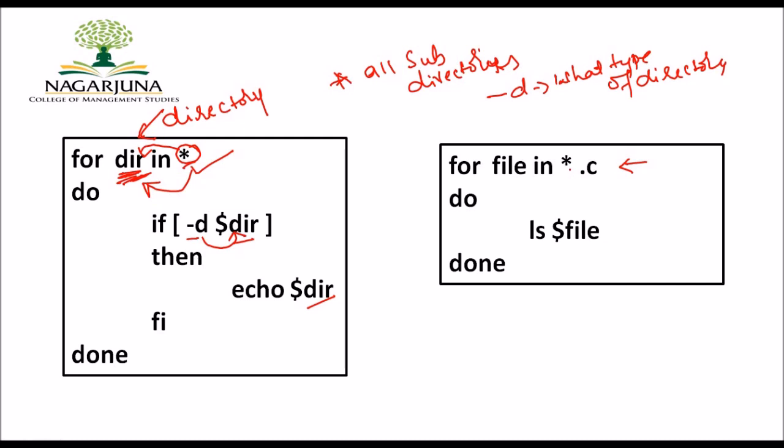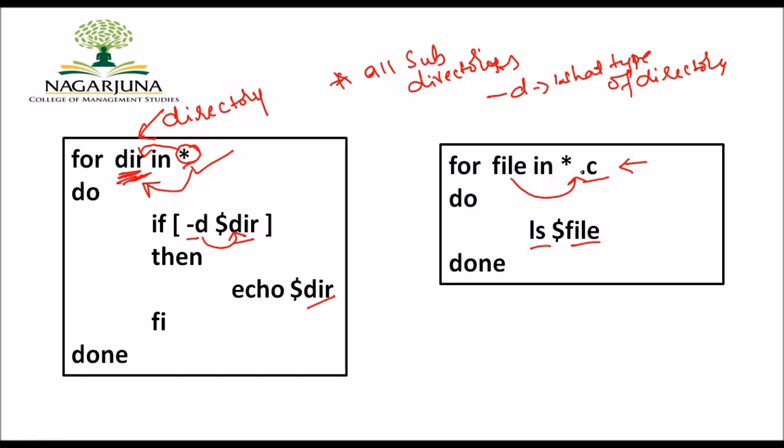So list out all the files which have the extension .c. So we have to check whether the file is a C program file. If the file is a C program, then we have to list out the name of the file.